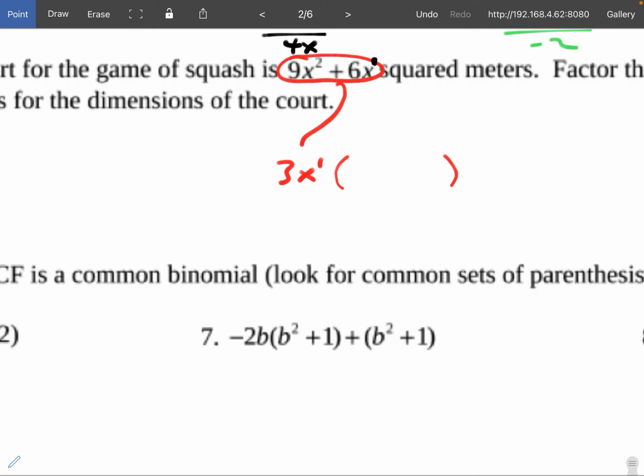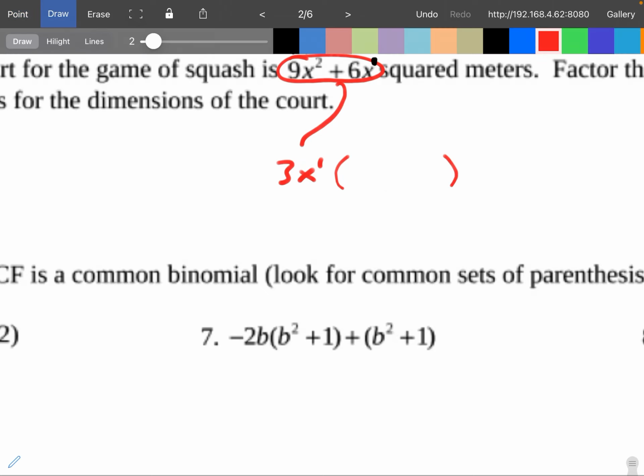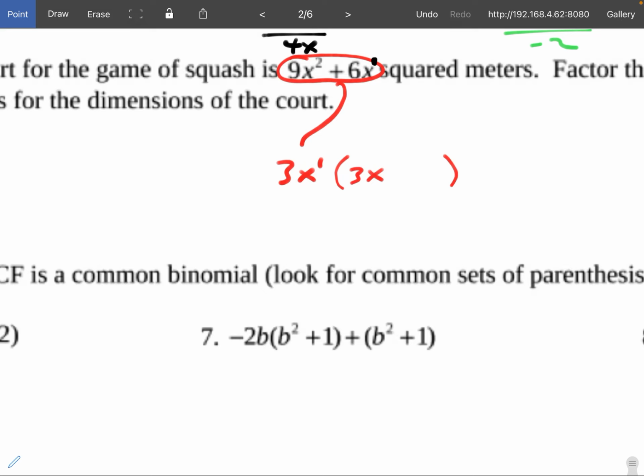So we're going to say 3x times what would give us 9x squared? What do you guys think? 3x times what would give you 9x squared? 3x, good, Tom. So you guys can see we really are doing the distributive property backwards, right?